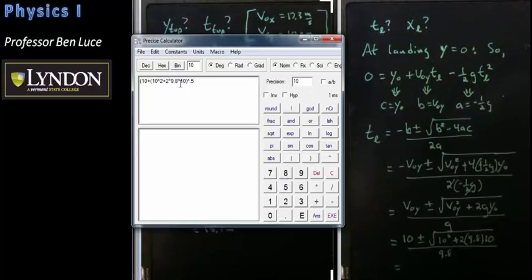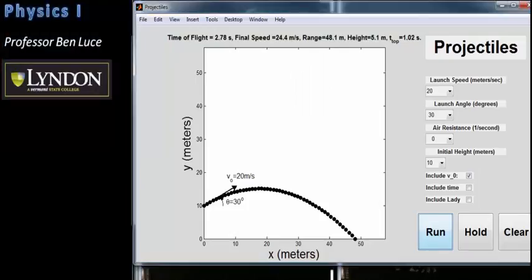I have to raise that second set of parentheses to the 1/2 to take the square root, close the parentheses on the whole numerator, divide by 9.8, and we obtain 2.78 seconds, which, if you recall, agrees nicely with our flight time from the simulator of 2.78 seconds.